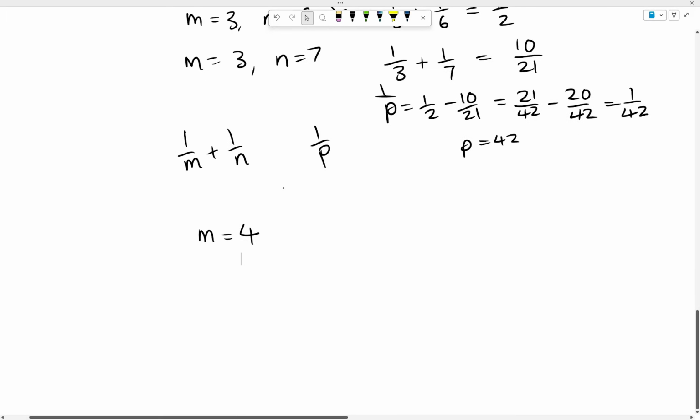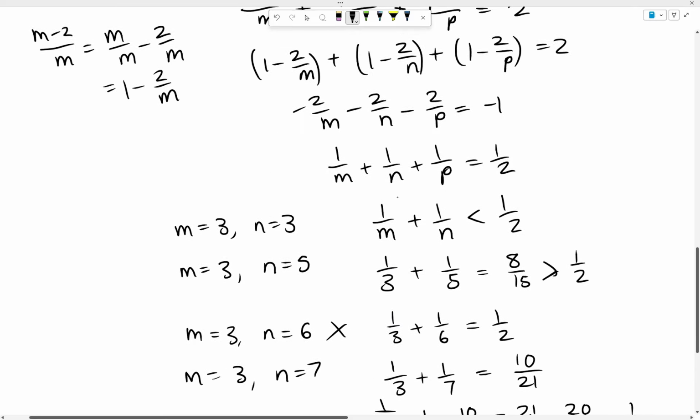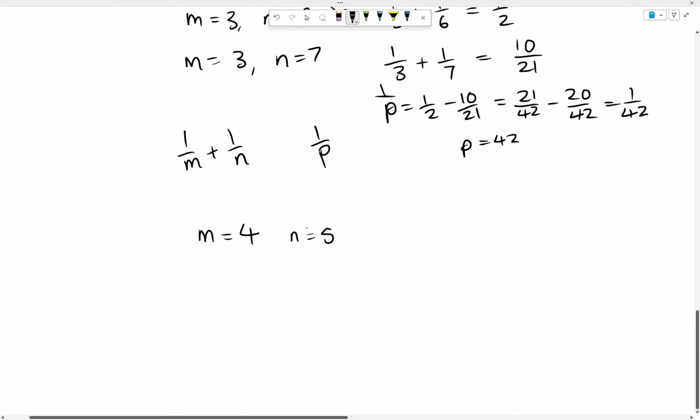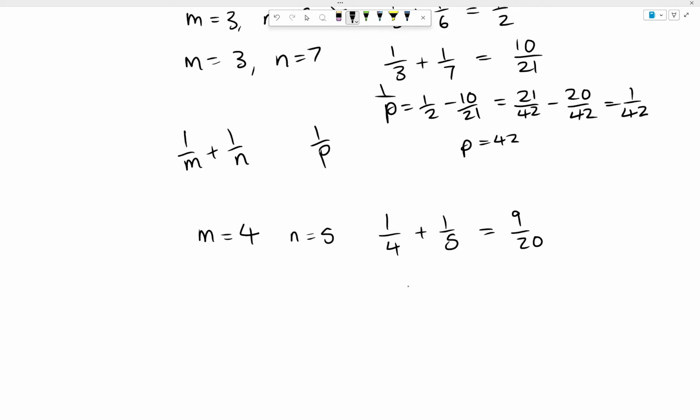And again, I can't choose n equals 3 or n equals 4, so the smallest value of n I can pick is 5. So let's see what happens when we have m equals 4 and n equals 5. That is 9 over 20.